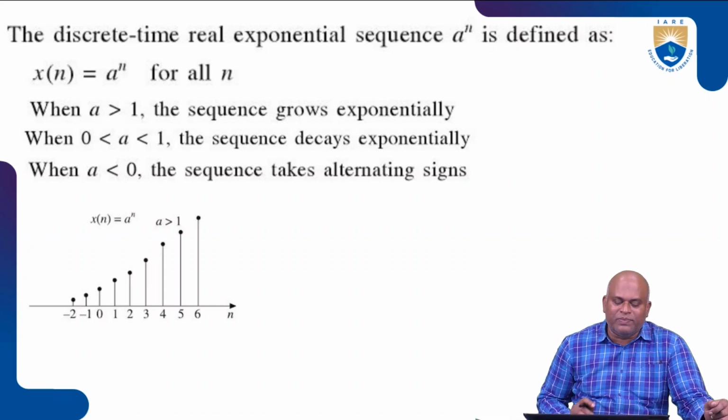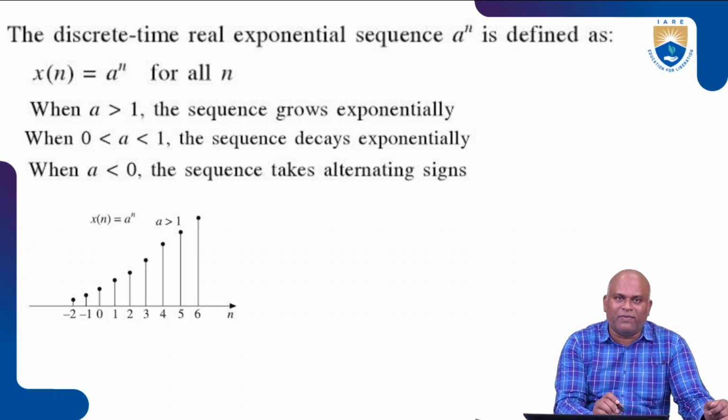For example, when a is greater than 1, the signal grows exponentially at each discrete interval.